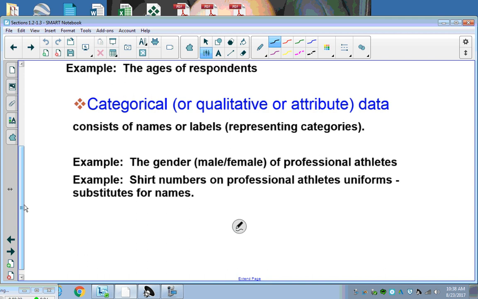The other example up here is the numbers on professional athletes' uniforms. If I added the numbers on uniforms and divided by the number of uniforms, would that mean anything to us? How about our phone numbers? It's still a number. If I added up 5 of your phone numbers and divided by 5, would that mean anything?